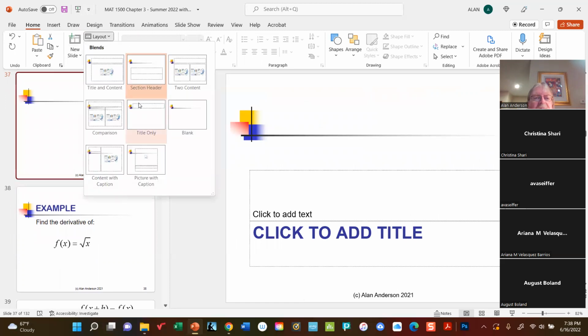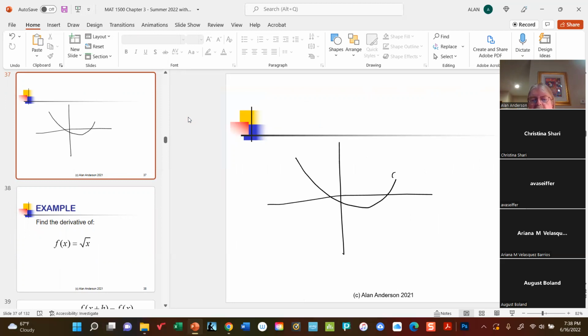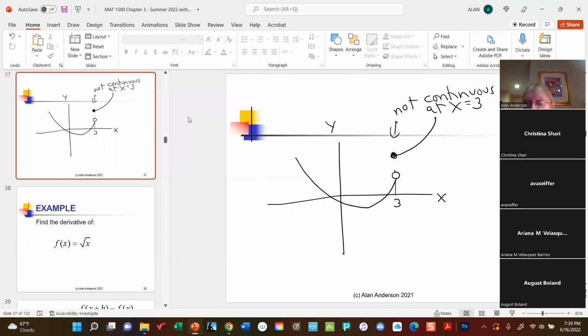How about this one? Let's say at the point x equals 3, oh no, we have a hole in our function. So clearly the function is not continuous at x equals 3. So everywhere else is fine.